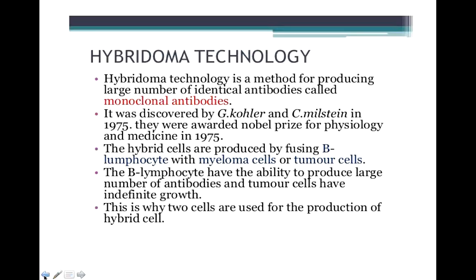The principles. Hybridoma technology is a method by which we prepare a number of identical antibodies called monoclonal antibodies. When I say identical antibodies, I would like to emphasize that most antigens have more than one epitope. They have multiple epitopes, and therefore they induce proliferation and differentiation of a variety of B cell clones, each derived from a B cell that recognizes a particular epitope.